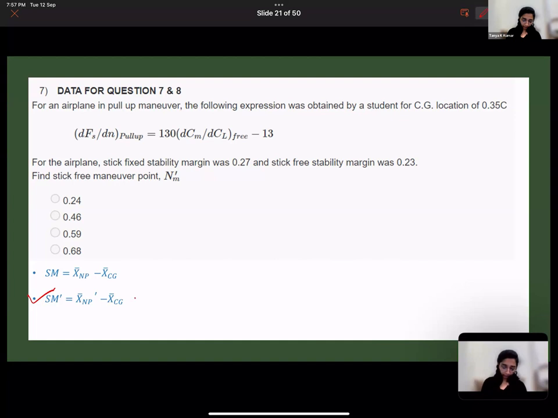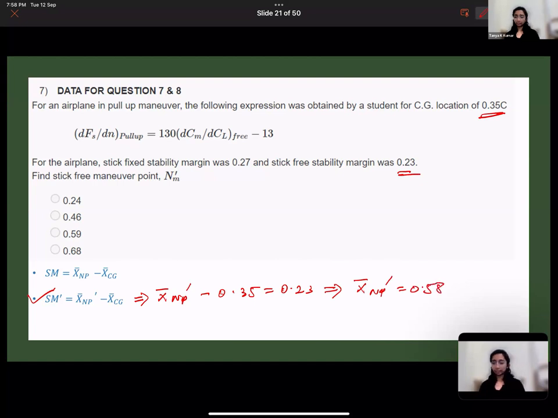So I write that down. X bar NP prime minus X bar CG, they've given you as 0.35, equal to the static margin for the free case, 0.23. And so this you rightly said, X bar NP prime is 0.58. Till here it's clear?